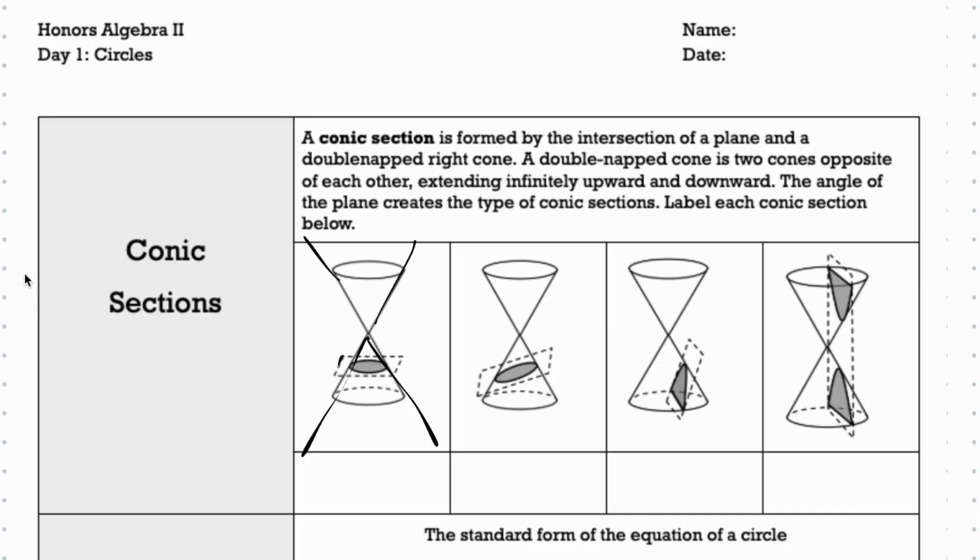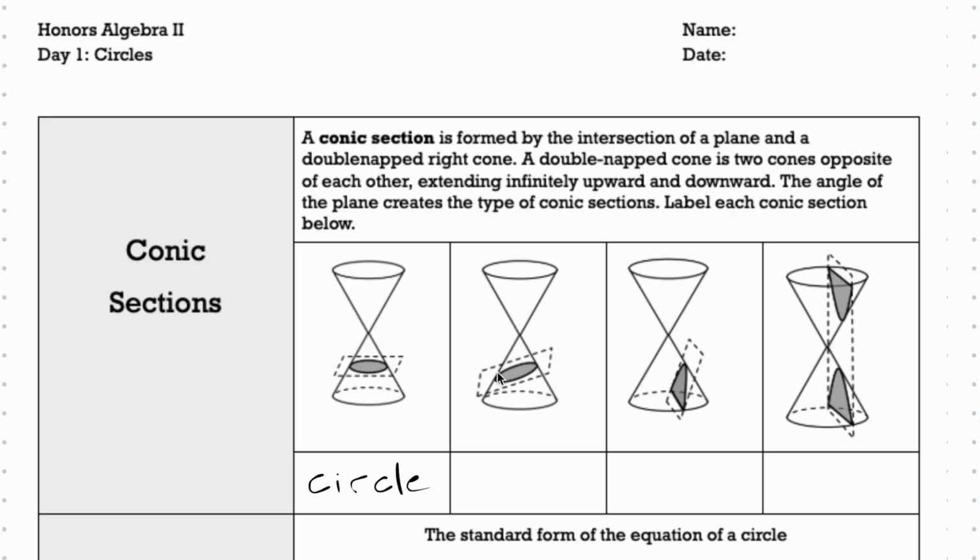So here in this first example, we are slicing completely horizontally, and so what that's going to form is a circle, a complete circle. So even if we just take a regular cone and we slice completely horizontally and we remove those two pieces, we're going to have a circle.